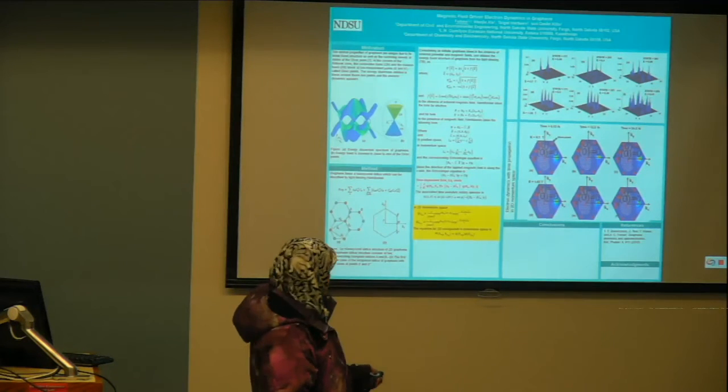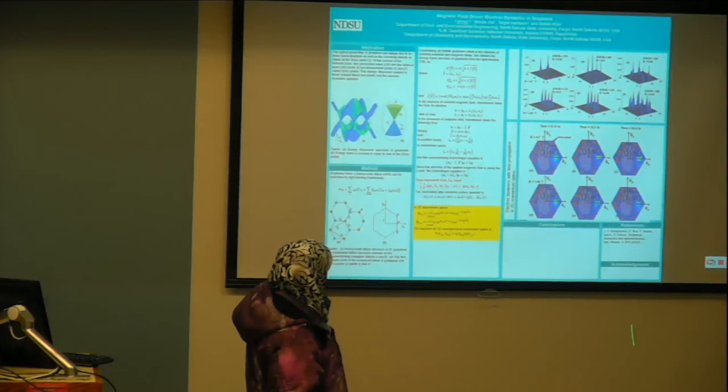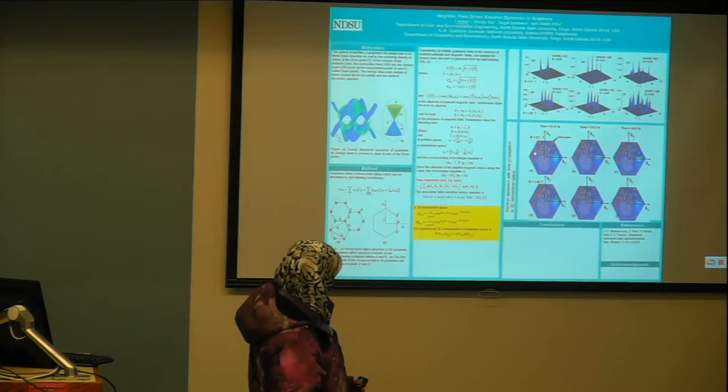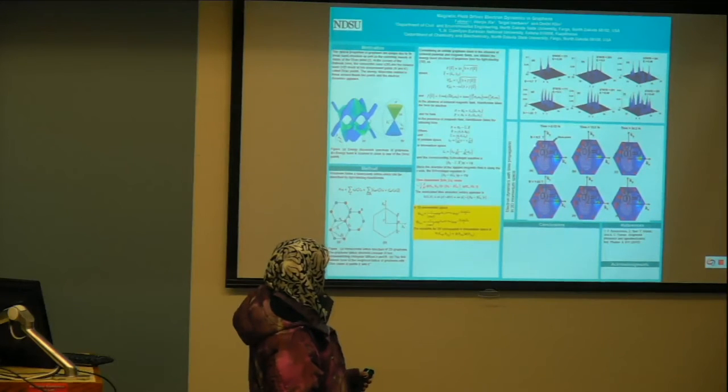Right? Good. Okay. Here I calculated the electron dynamics when the magnetic field is applied to graphene. These three figures are at three different time steps: 0.12 femtoseconds, 12 femtoseconds, and 24 femtoseconds. Here the value of the magnetic field is 0.7 Tesla.